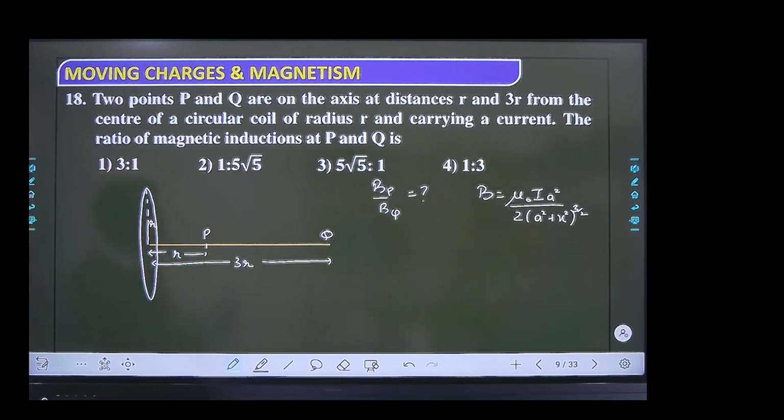Here a is equal to R, and x is equal to R in one case and 3R in the other.